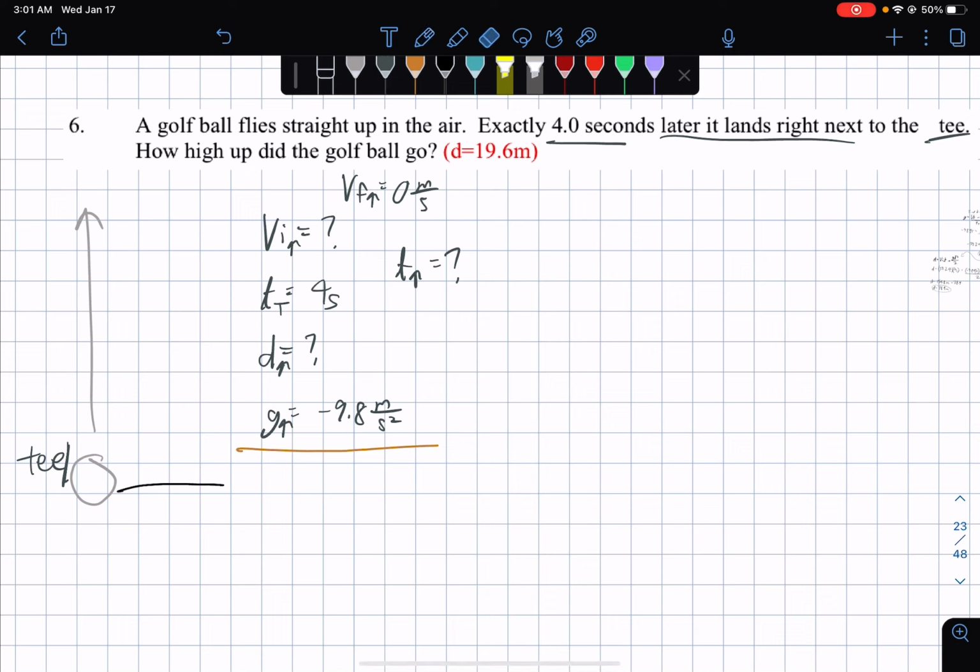So from that, let's say that the time going up is equal to the time going down, which is 2 seconds. Since you divide 4 into 2 parts, you get 2.